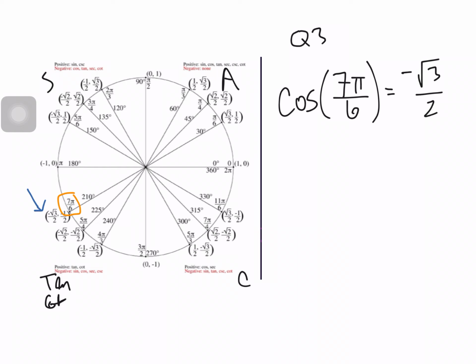Then I look at my x value, which is negative root 3 over 2, and I'm done. Now again, this should match what we know about All Students Take Calculus. Okay, I'm in quadrant 3 for this angle, and in quadrant 3 I know that tangent and cotangent are the only two things that should be positive. Cosine should be negative, which it is. I am good to go.